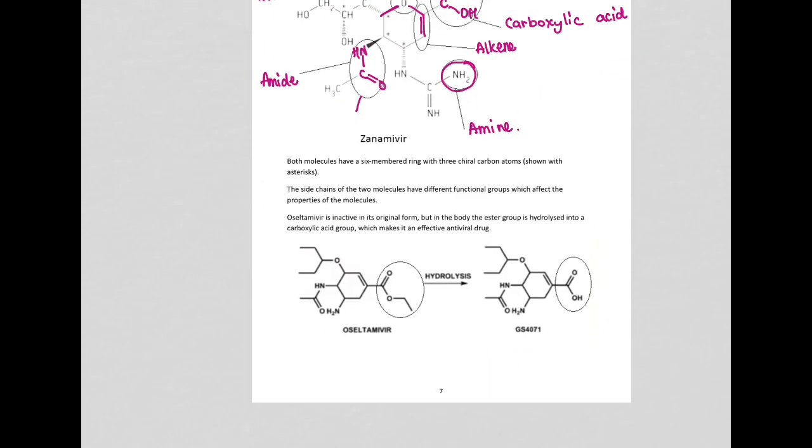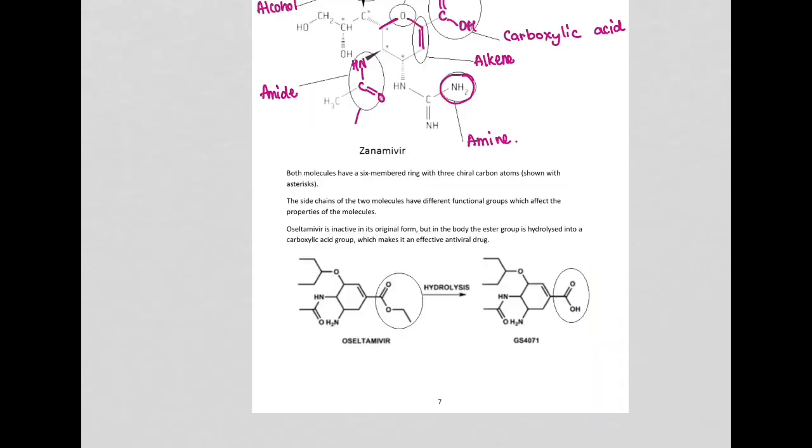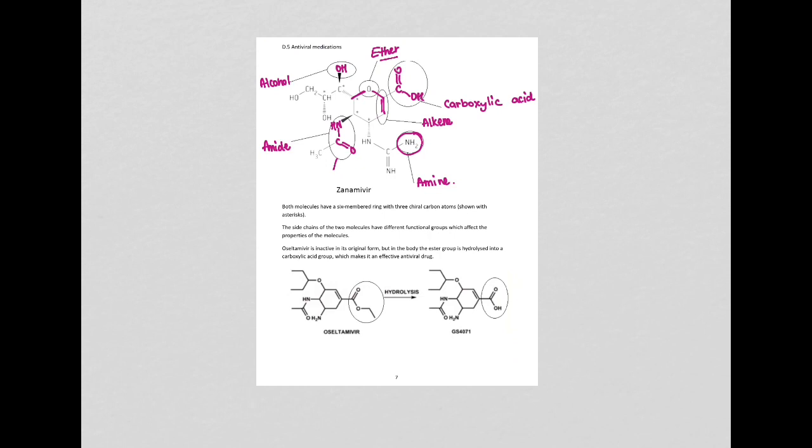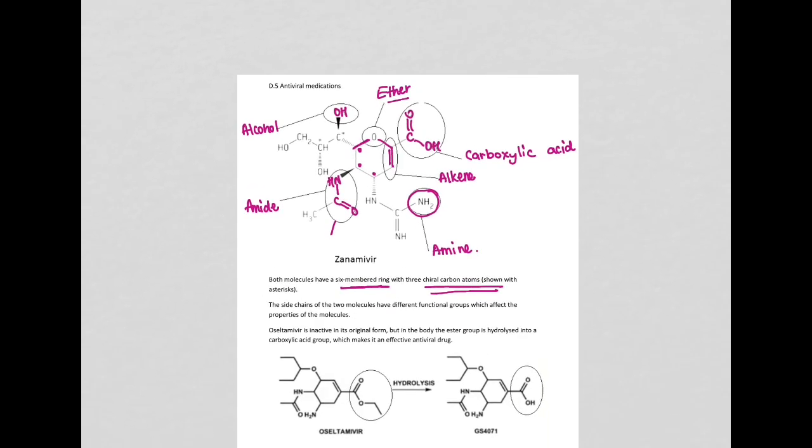Now, both of these molecules, Tamiflu and zanamivir, have a 6-membered ring with 3 chiral carbon atoms. So these are the chiral carbon atoms in the 6-membered ring.